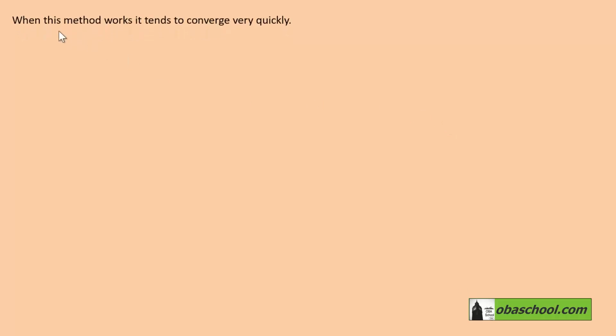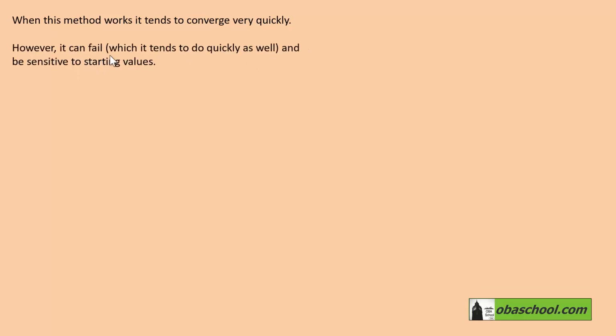When this method works, it tends to converge very quickly. It's a very efficient method. However, it can fail, which it tends to do quickly as well. When it fails, it tends to fail spectacularly. And it's sensitive to starting values.